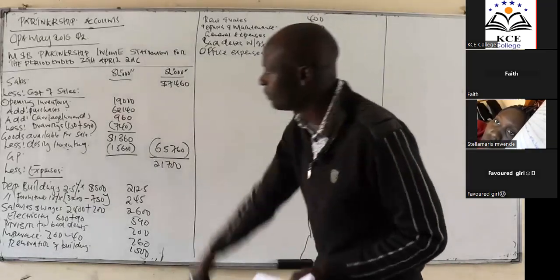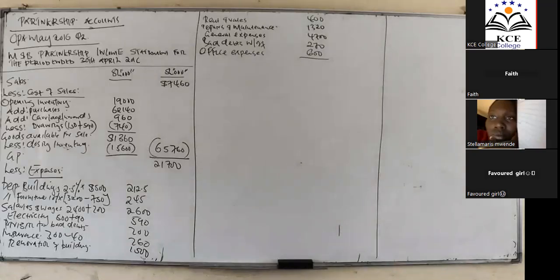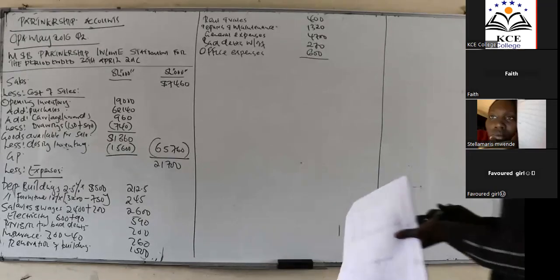Then we add them. We add those expenses. 12,897.5.